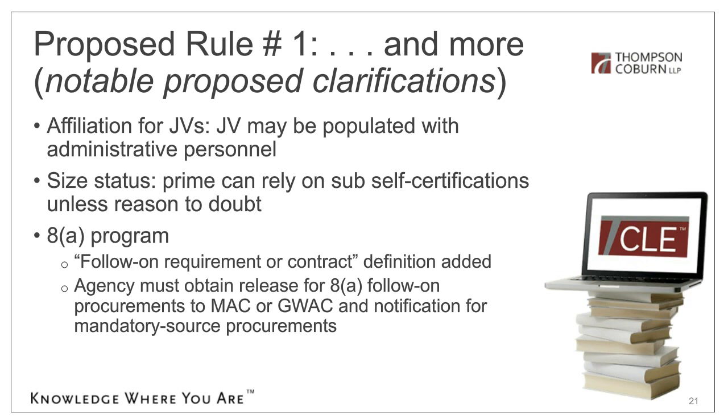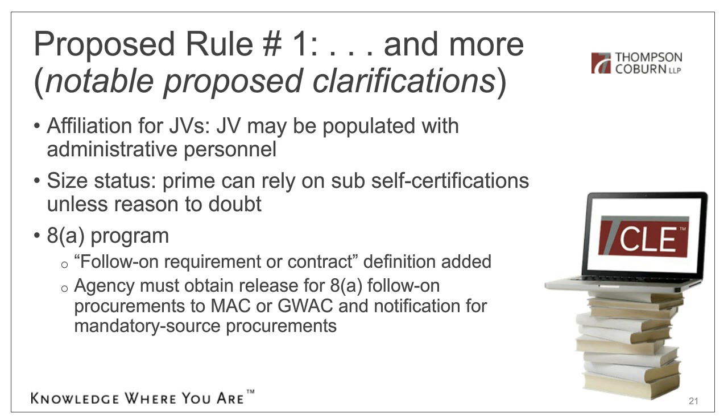But then that caused some issues if the joint venture had to have certain clearances. I think folks who were familiar with both the affiliation rule and the rules that were applying to the clearances soon wrapped their heads around it. It was pretty clear that the JVs could be populated with the administrative personnel necessary to maintain the clearances, but apparently that was something SBA was getting some questions about and felt the need to address here in the rule.